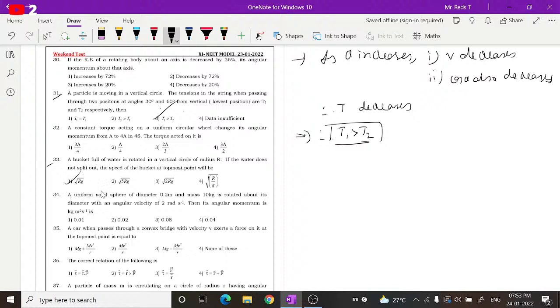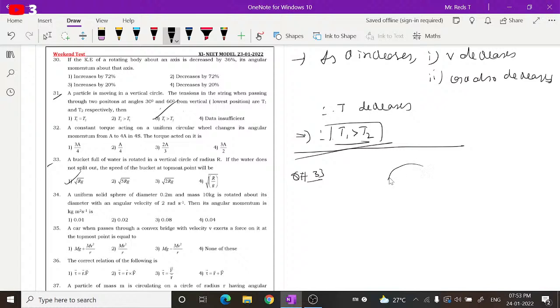This is a conceptual question, so you don't need to think about what is bucket, water, this and that. It is a conceptual point. So if the water is not to be spilled out, if the speed is less than this, let us see here. Question number 33.